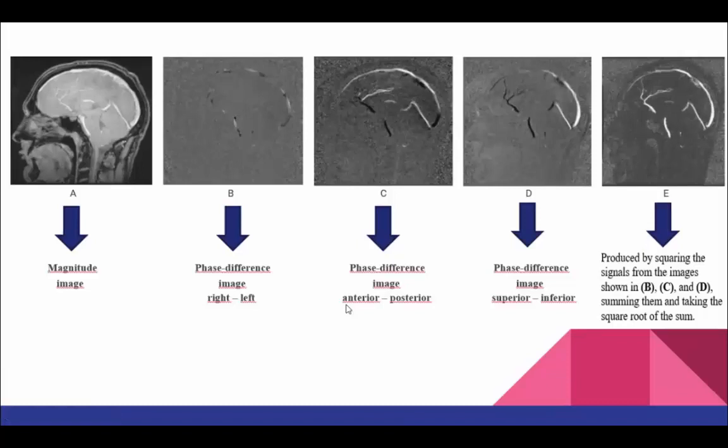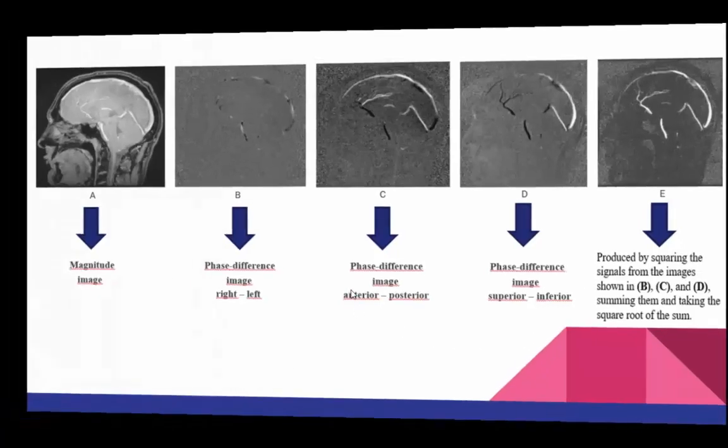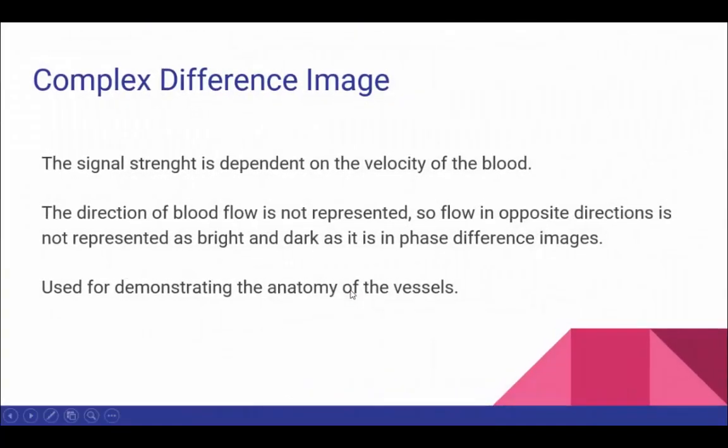These photos you see are a magnitude image and a phase contrast image. The rightmost photo was obtained by combining the other images. In a complex difference image, the signal strength is dependent on the velocity of the blood.